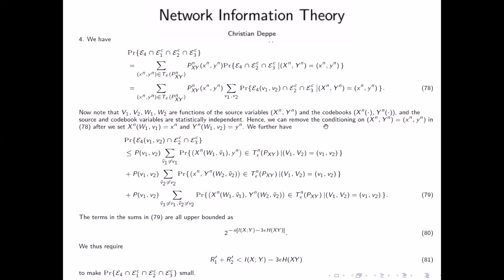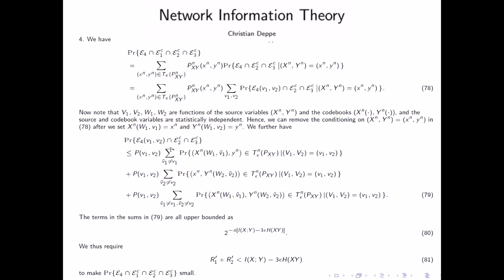Of course, therefore we can remove this condition here again, after we set xn w1 v1 equal xn and yn w1 v2 equal yn. So we can write these probabilities in this way. And remember, we want to have this part here small.